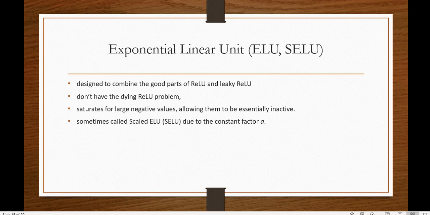So it saturates for large negative values, allowing them to be essentially inactive. Maybe for my particular application I want there to be no much change when x goes to a large negative value. I want y to be constant, then I should use this function. Sometimes it is called scaled ELU due to the constant factor a, that's why it is known as SELU also.